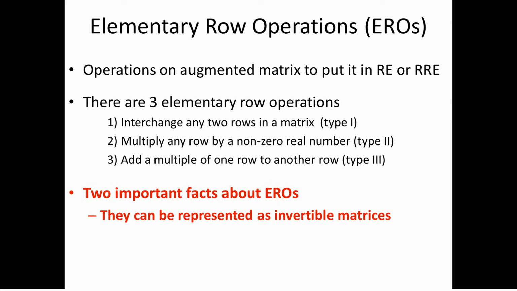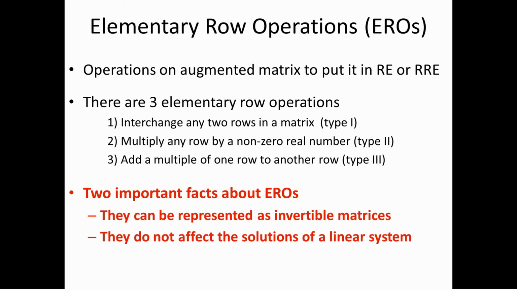And we're going to call that matrix the elementary row matrix. It's going to perform the elementary row operation. The next thing that's very important is that elementary row operations, whether we perform them manually or whether we perform them using matrix multiplication, do not affect the solutions of a linear system. So I want to look at these two statements in a little more detail.